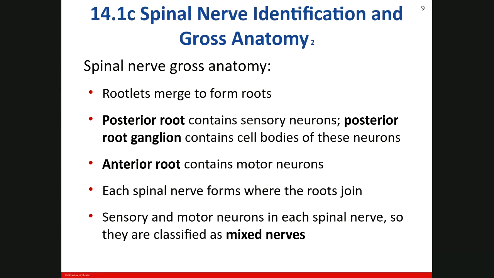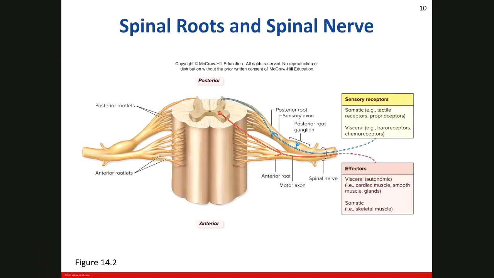Now, I want to talk about the spinal nerve anatomy, and I will talk about this slide in this picture. First, in this picture, you see that we have two parts in the cross section of the spinal cord.